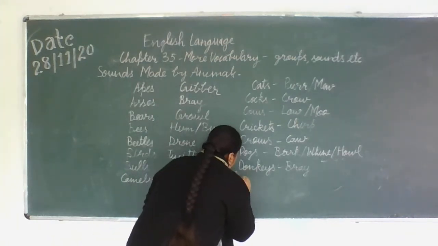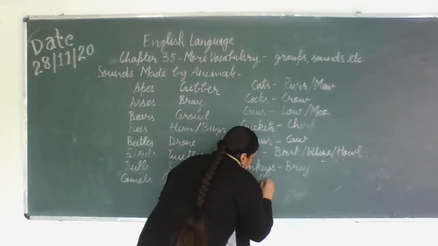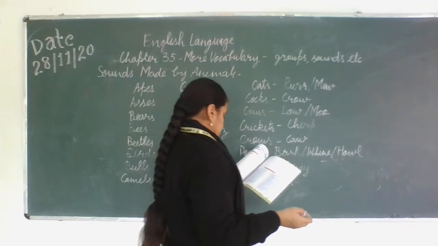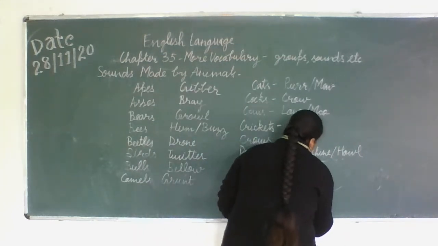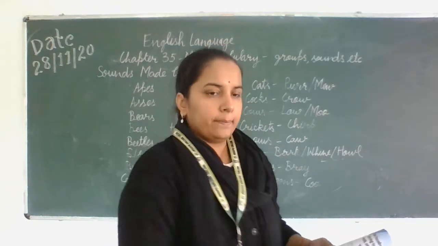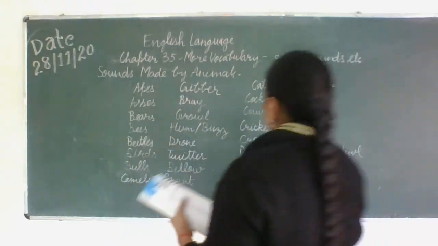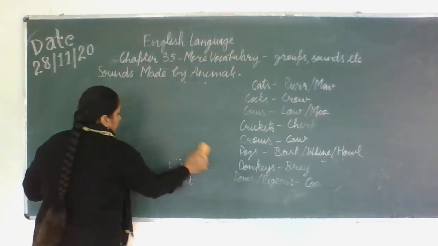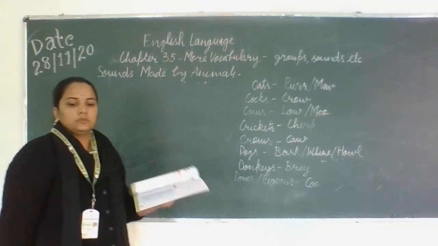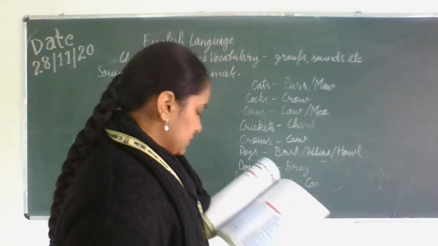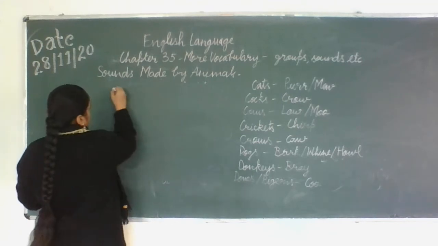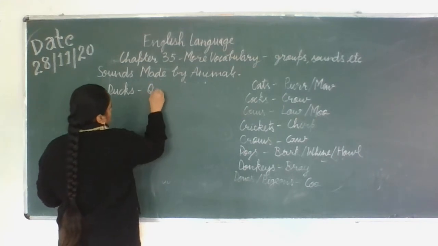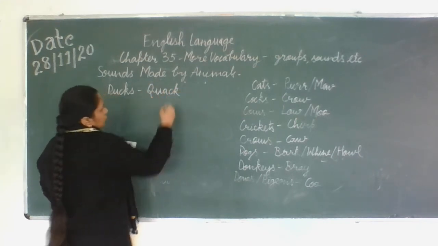Doves, the bird, or pigeons. The sound is known as coo. The next is ducks. The sound of the ducks is quack. This is also there in that poem.